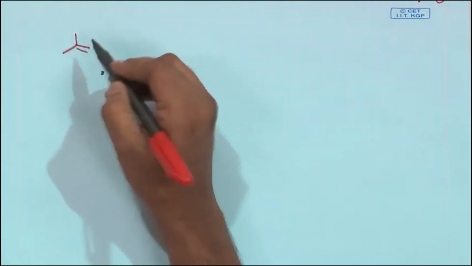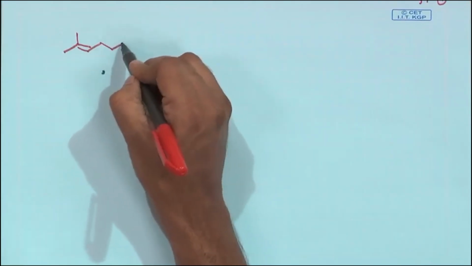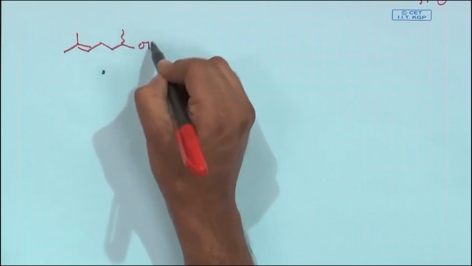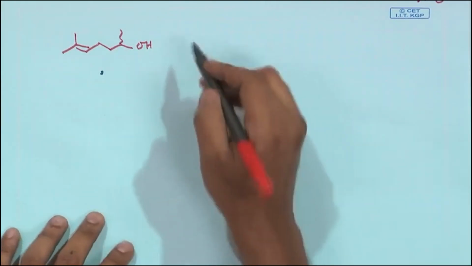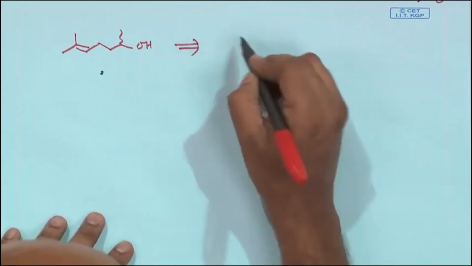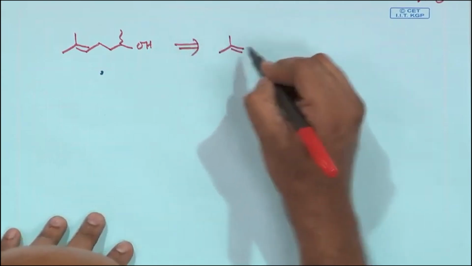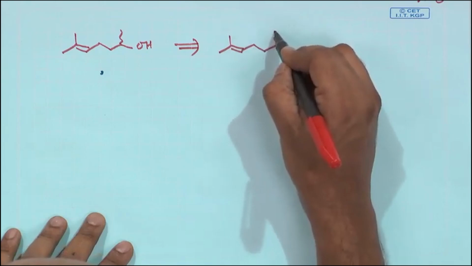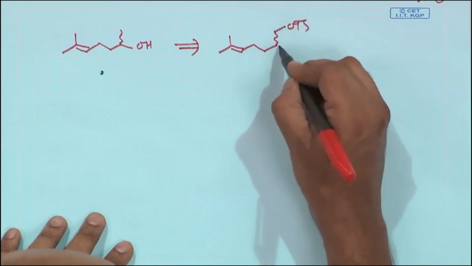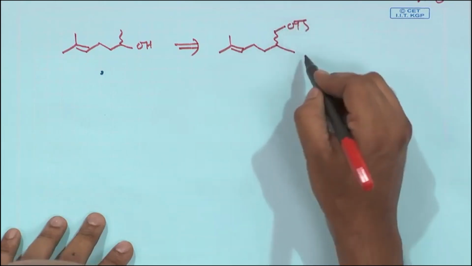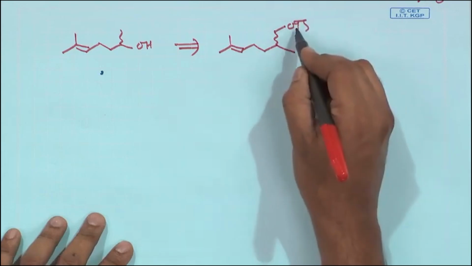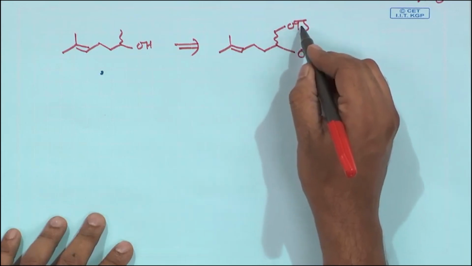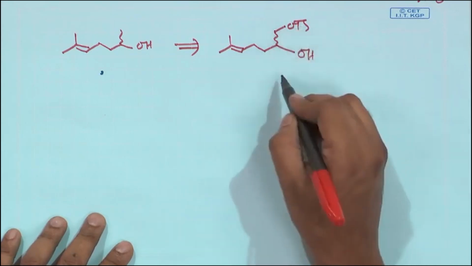So, now we will try to do the retro, because retro was our main focus. We will do the retro simply, without talking about the enantiomer. Now, if you have this kind of compound, you can easily do a lithium aluminum hydride reduction to convert the CH2OTs to methyl, fine.